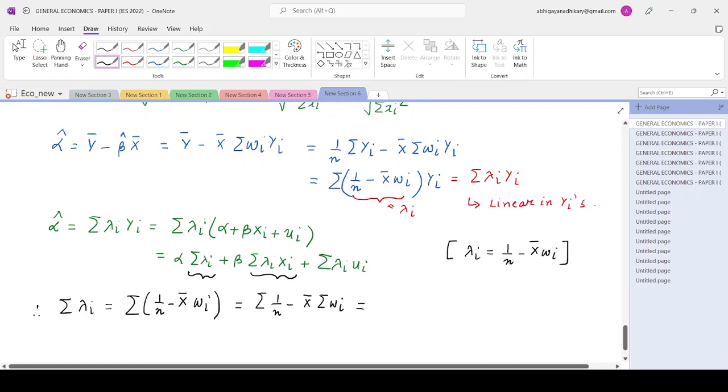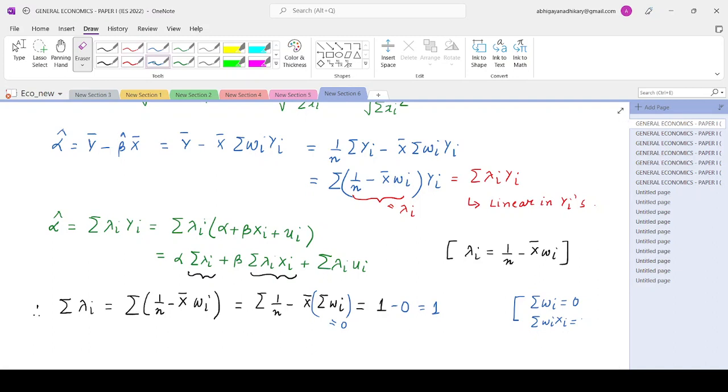So summation 1 by n will be basically 1. And what is summation wi? It is 0, which we have already shown, right? So 1 minus 0, the answer is 0. Let me just write it down once more: from our earlier calculation, summation wi is equal to 0 and summation wi xi is equal to 1. This we have already obtained, and we will be making use of these.